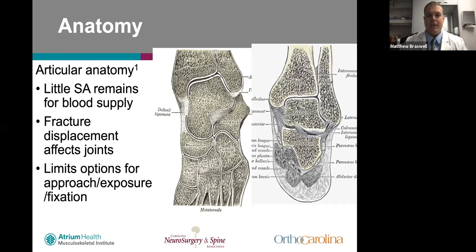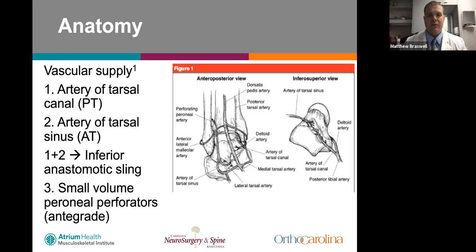It also affects the fact that if there's fractures in the talus, it's very common for them to involve the joints and be displaced across the articular surface. This anatomy also limits our options for approaches and exposure for fixation. So understanding these unique facts about the talar anatomy is crucial to understanding our fractures.